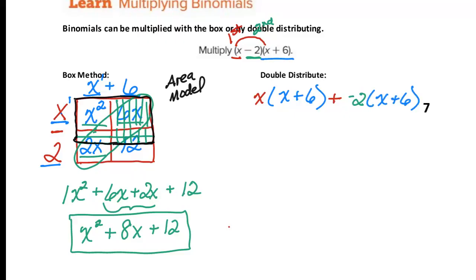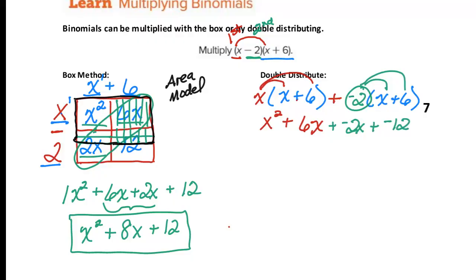Okay? So when you put it together, you get x times x, which is x squared, plus x times 6, which is 6x, plus, now we distribute that -2. -2 times x is plus a -2x, and -2 times 6 is plus a -12. Here again, you see you have like terms.